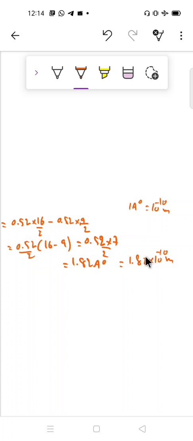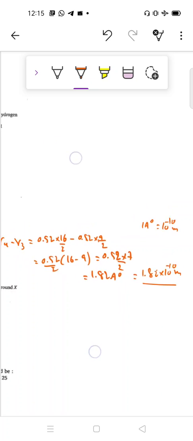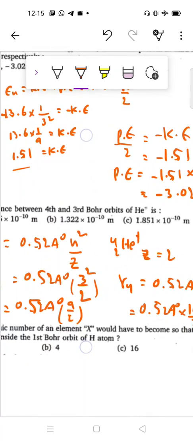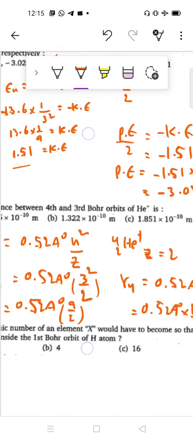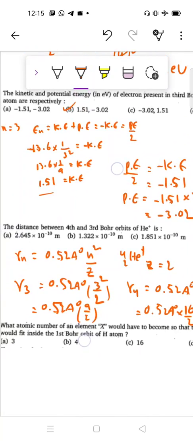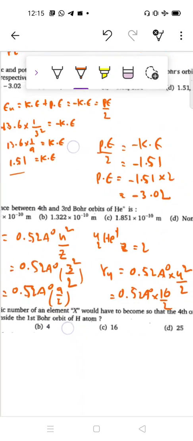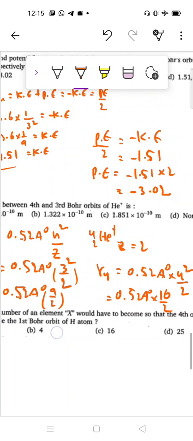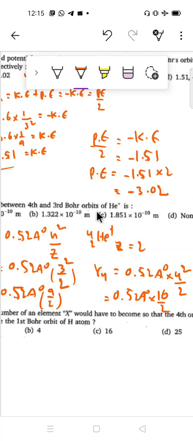So this is the answer. Let us see the answers. 1.82 is very near to option C. Very much closer to option C.